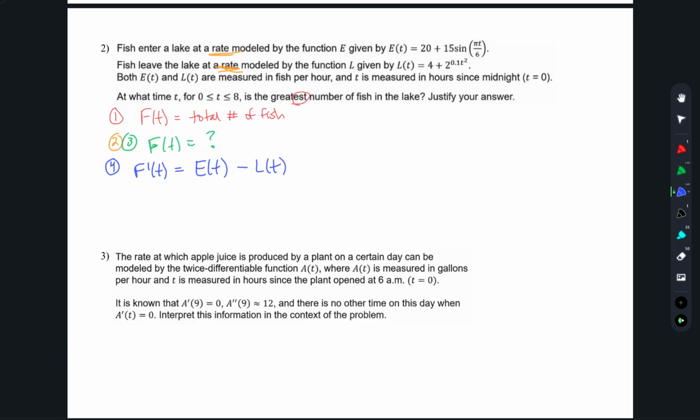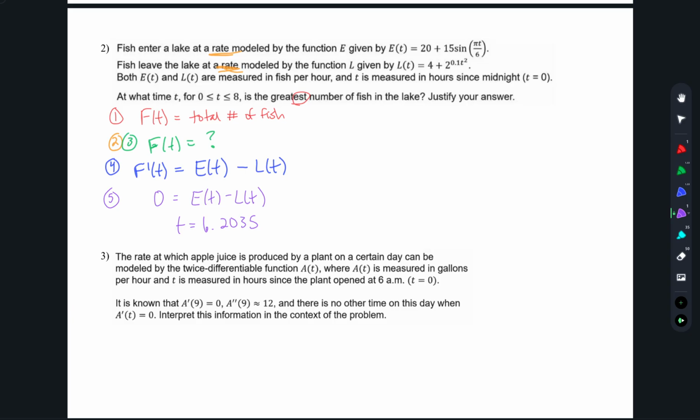So what I'm going to do now is set that equal to 0 and do some tippity tapping on the calculator, right? I already did this in my head earlier. 6.2035, okay? And that's going to be that time.